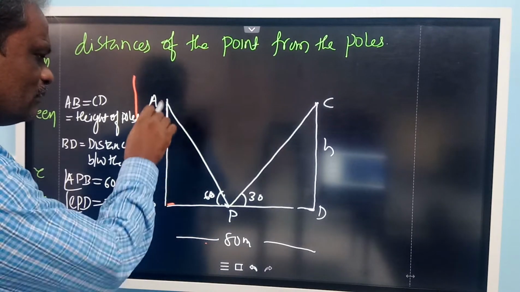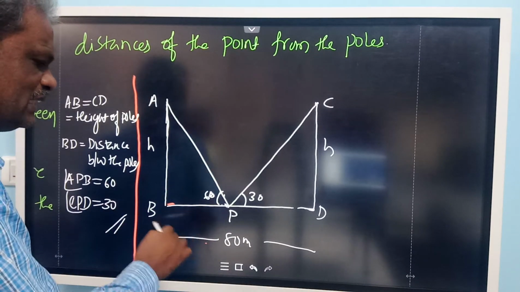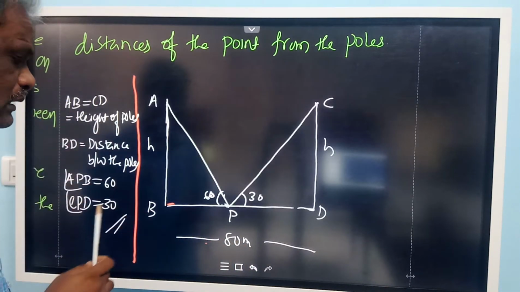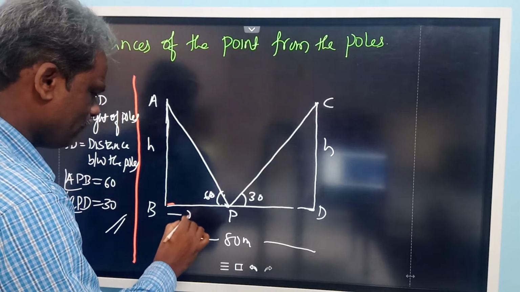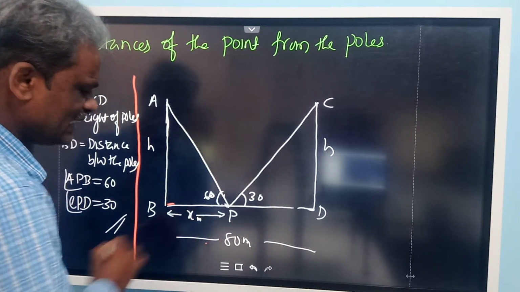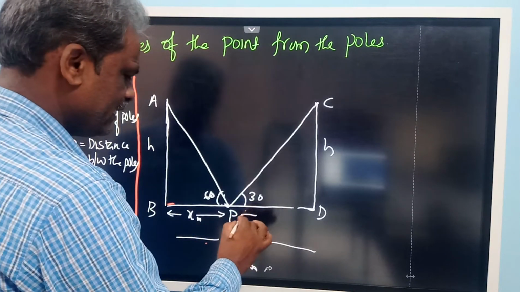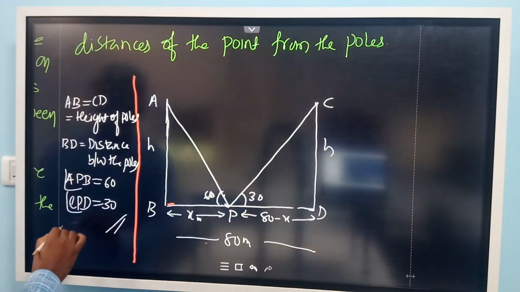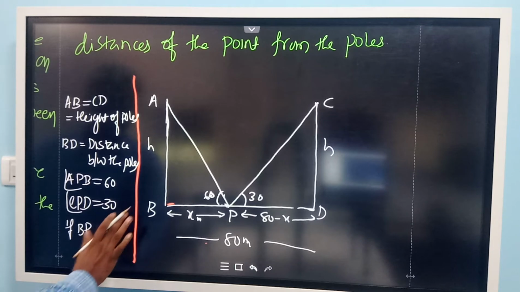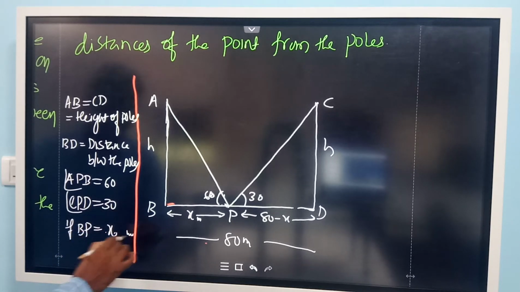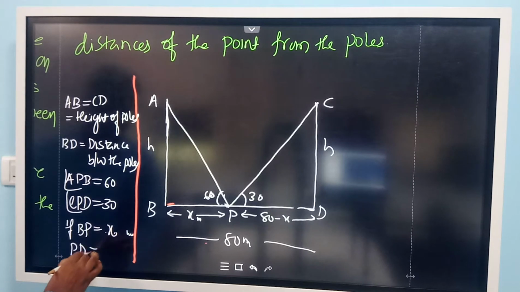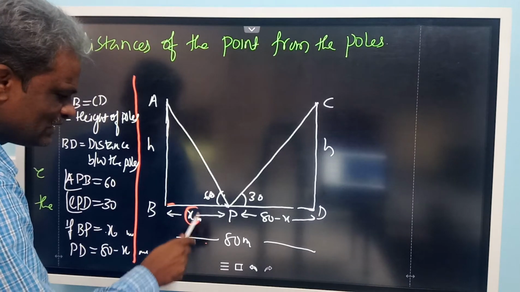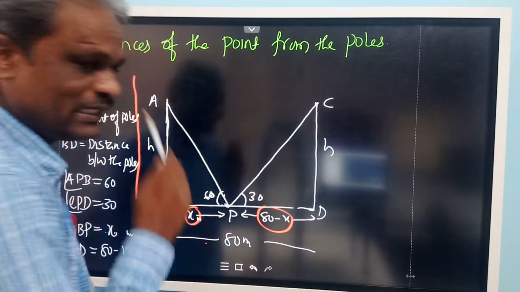Let us find out with reference to this and this one, because this is totally 80 meters. If BP is equal to x meters, then PD will be equal to 80 minus x meters. So with reference to this diagram, we have taken this as x units, then this will become 80 minus x.